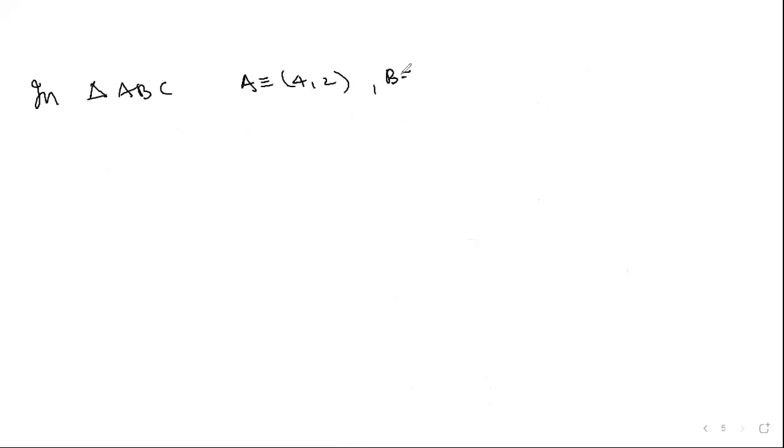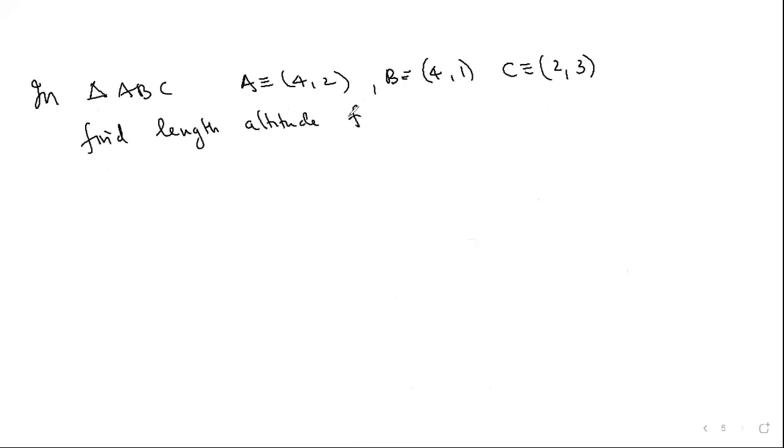Coordinate of B is 4, 1. Coordinate of C is 2, 3. Find the length of the altitude from the vertex A of the triangle ABC.